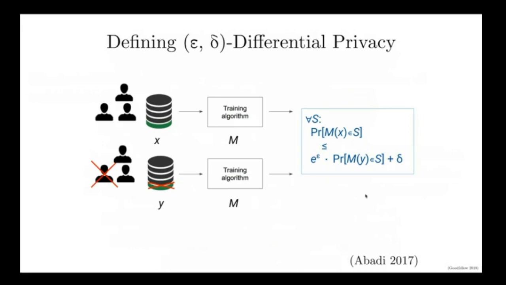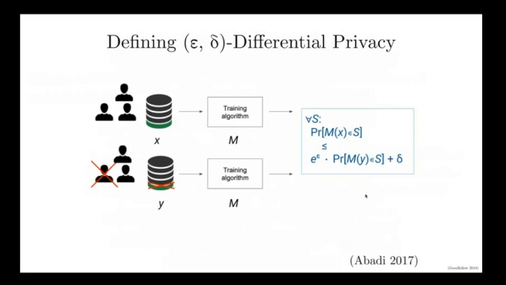If we imagine that there's one data set containing a specific person's records and another data set lacking that person's records, differential privacy says it would be great if we could train our algorithm on these two different data sets and end up with parameters that are statistically indistinguishable so that no attacker can tell which of the two training sets the parameters came from.